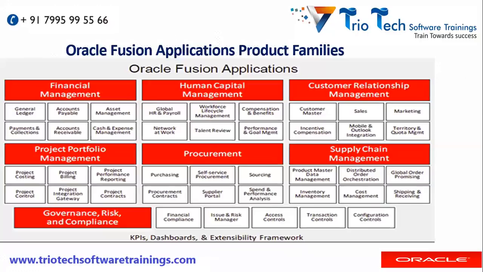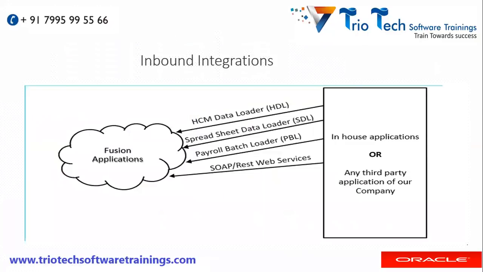So we have inbound integrations and outbound integrations in the picture. When I say inbound integration, it means that I can get data into the Fusion application in various manners. We will be discussing each of these inbound integrations separately in depth.